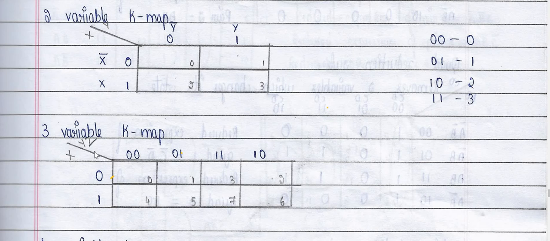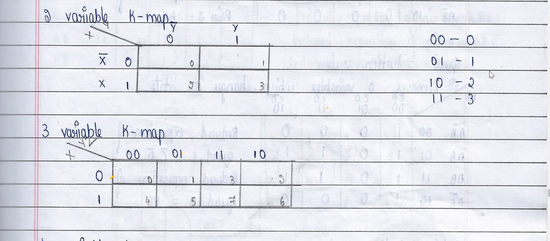Then how to draw this? First we need to draw this K-map, then this slanting line, then this 0, 1, then check the two variables YZ. How to represent this YZ? 00, 01, 11, 10.